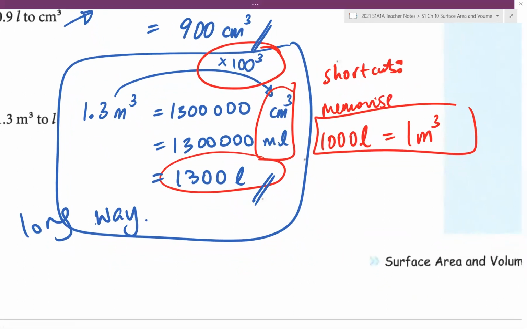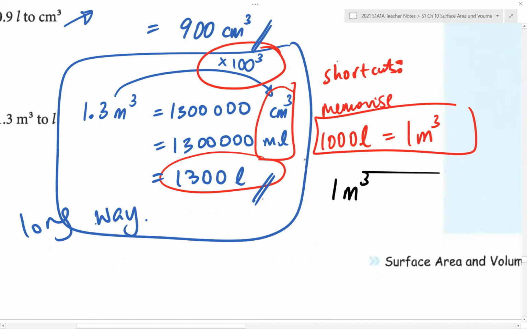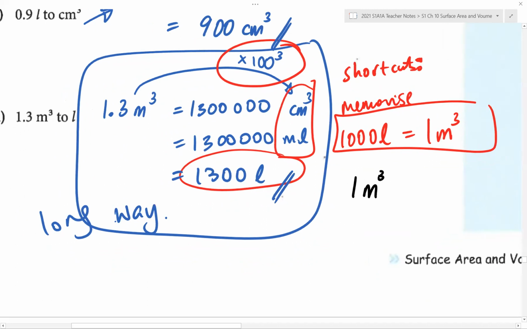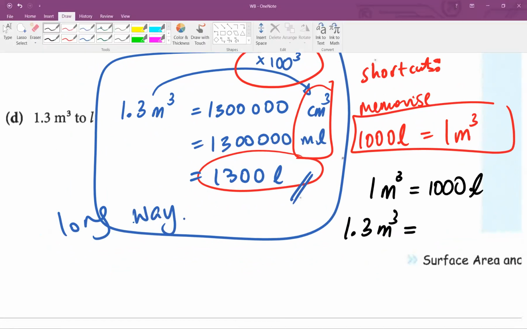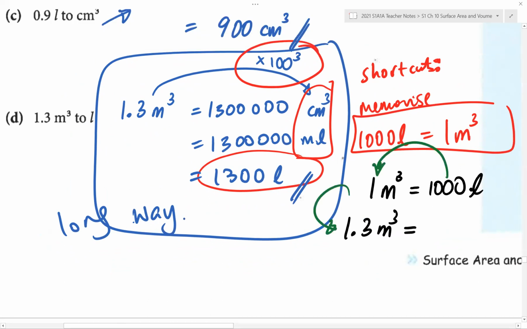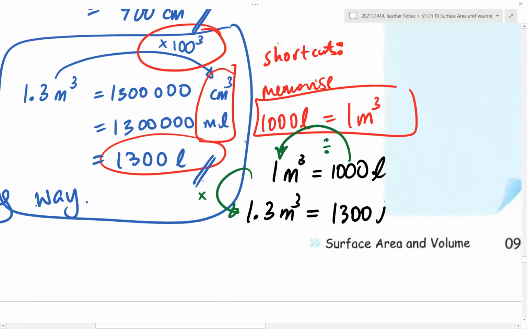With this memorized already, your working looks like this. 1 cubic meter equals 1,000 liters. So what about 1.3 cubic meters? My favorite, green arrows. Divide, multiply. Answer, 1,300 liters. Who prefers to memorize and get one step?